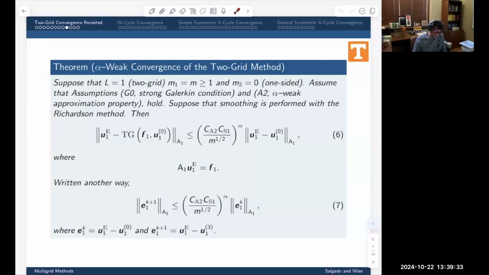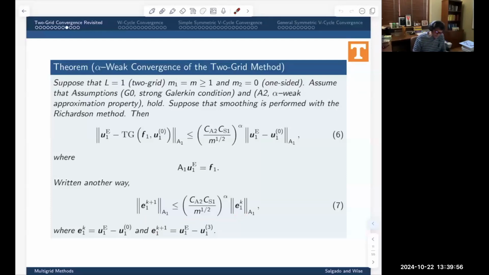So let's do a quick proof of this, because this is brand new, but it'll also remind us of what we did to show the convergence of the two-grid method. So in other words, what we're showing here is we have this type of contraction between the error at k+1 and the error at k.